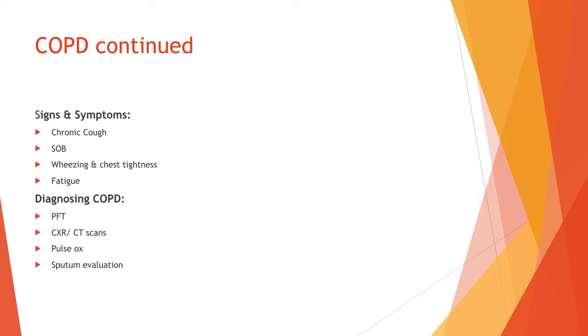Signs and symptoms of COPD include chronic cough, shortness of breath, wheezing, chest tightness, and fatigue. To diagnose COPD, most providers use PFT, spirometry, chest x-rays, CT scans, pulse ox, or sputum evaluation.